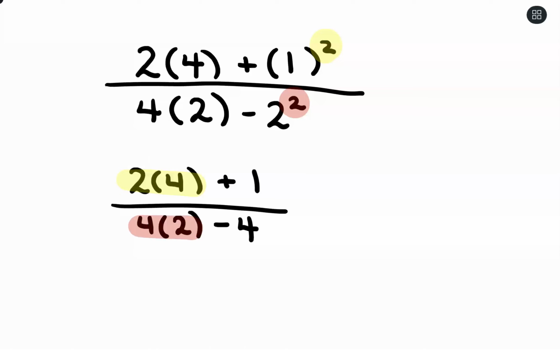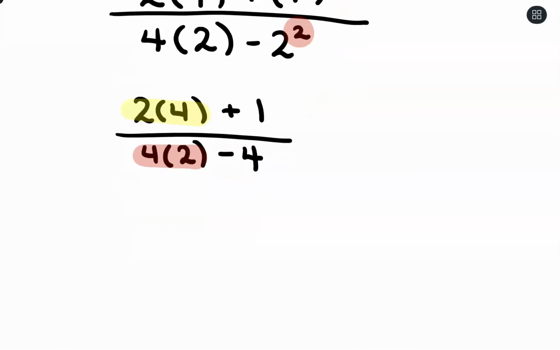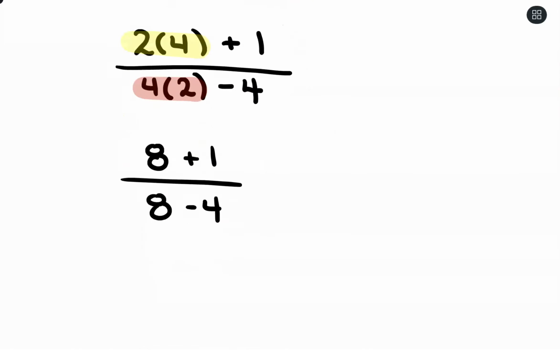They don't have to be operating at the same time, if that makes sense. So like if we didn't have an exponent in the denominator here, we would have just gone on to multiplication division. So it doesn't have to line up perfectly, even though it is in this example. So 2 times 4 is 8, and then we have a plus 1, over 4 times 2 is 8, and then we're subtracting 4.